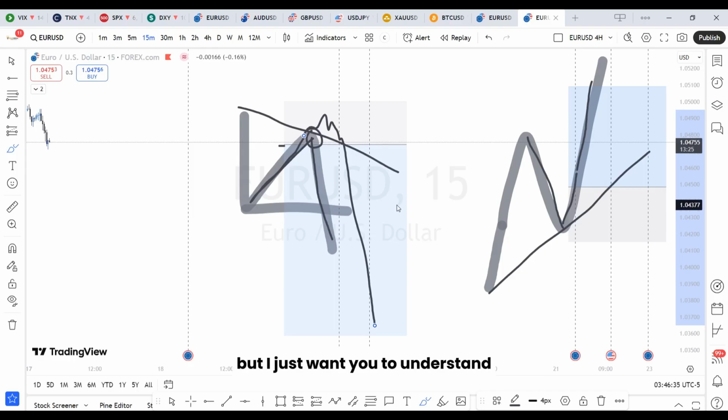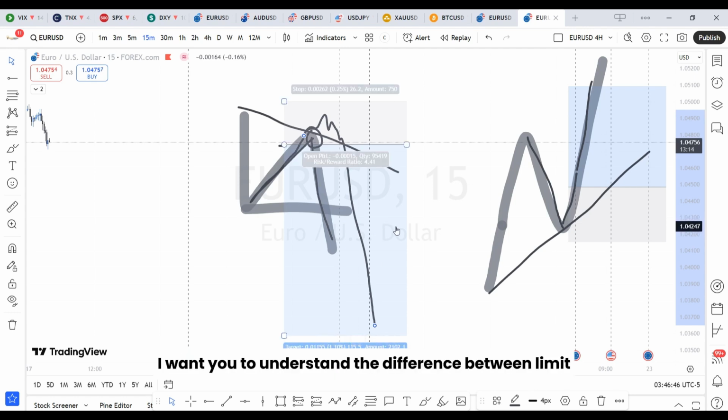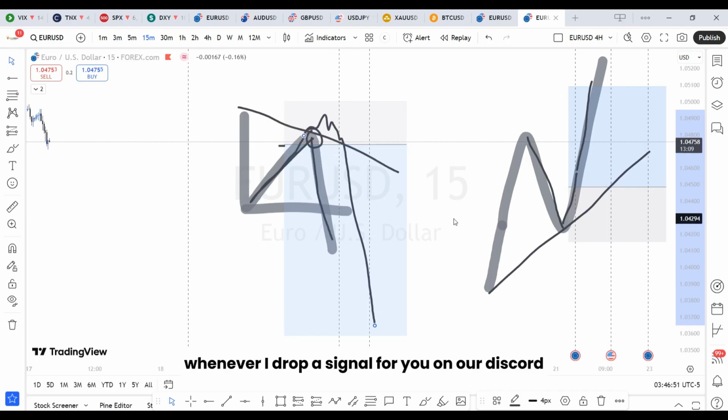But I just want you to understand the different concepts between limit order and stop order, because whenever we're dropping signals, we differentiate between limit order and stop order. So I want you to understand the difference, so that whenever I drop a signal for you on our Discord or on our Telegram channel, I give out free signals on our Discord and our Telegram channel.